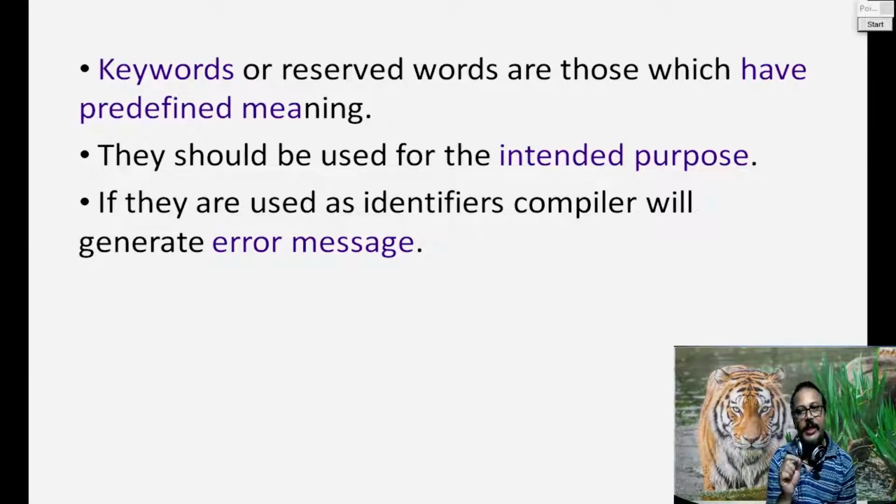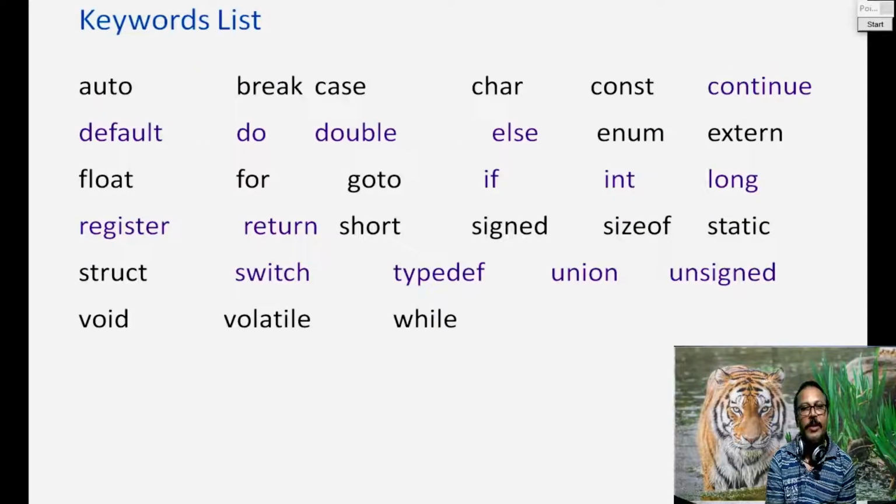What is the intended purpose? We'll study as we go on studying the C language. You cannot use keywords as identifiers. That's the point. These are the keywords.